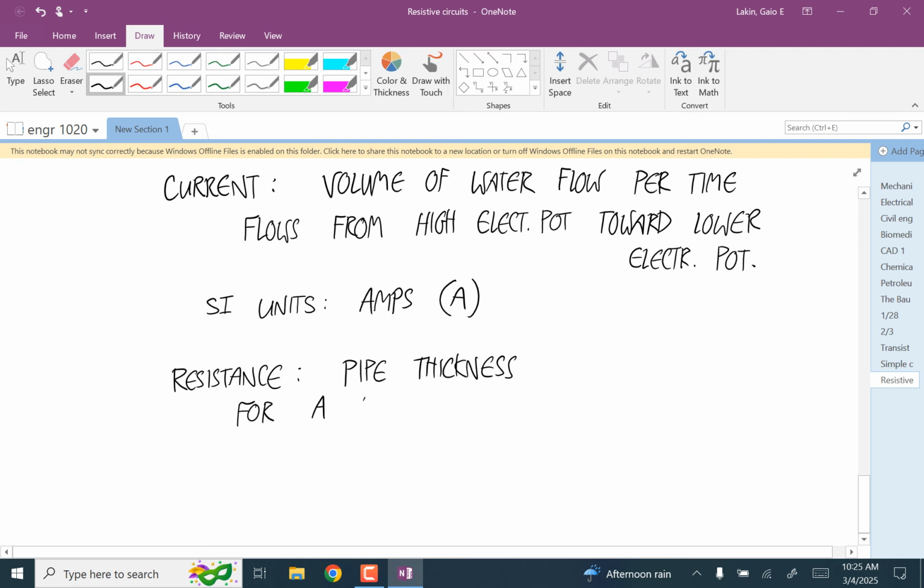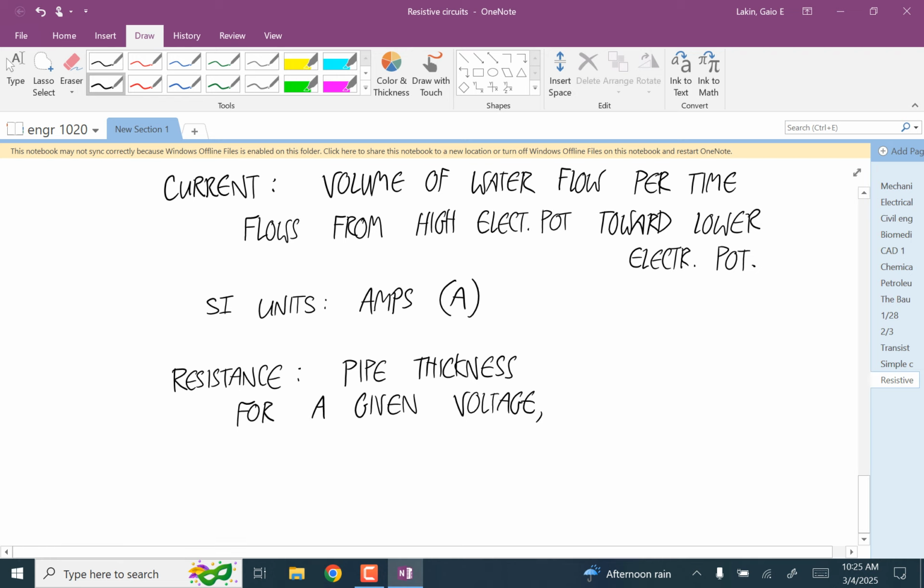So for a given voltage, would a lower resistance allow a bigger current or a smaller current? If the resistance is lower, would the current be bigger or smaller for a given voltage? Bigger, that's right.